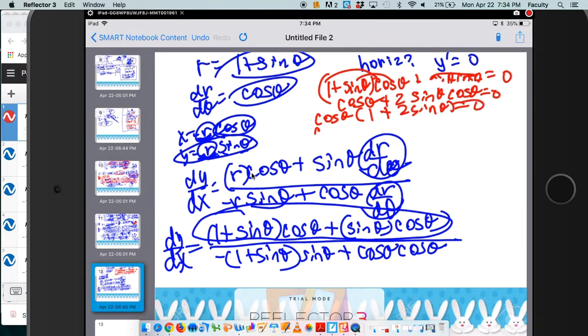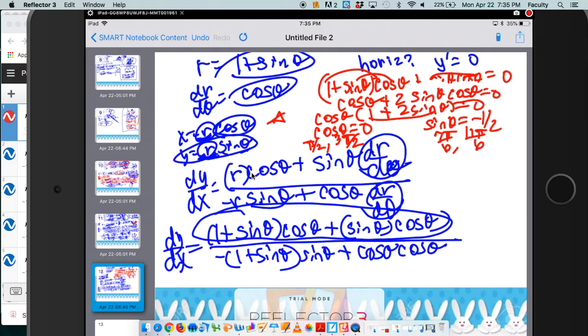Set those equal to 0: where does cosine theta equal 0? And where does sine theta equal negative 1 half? Cosine theta equals 0 at pi over 2 and 3 pi over 2. Sine is negative 1 half at 7 pi over 6 and 11 pi over 6.